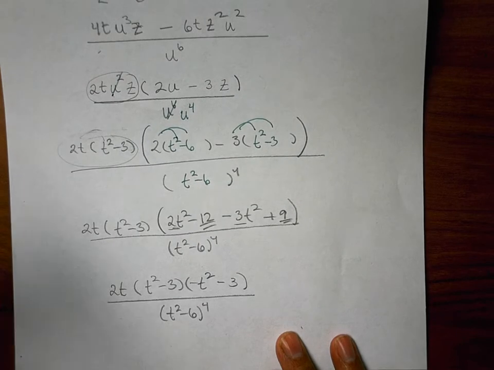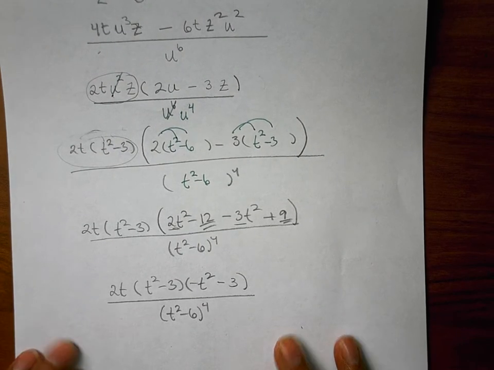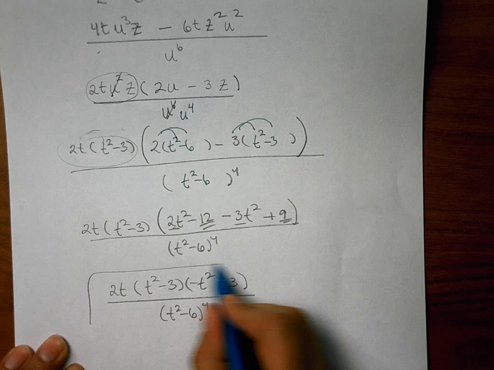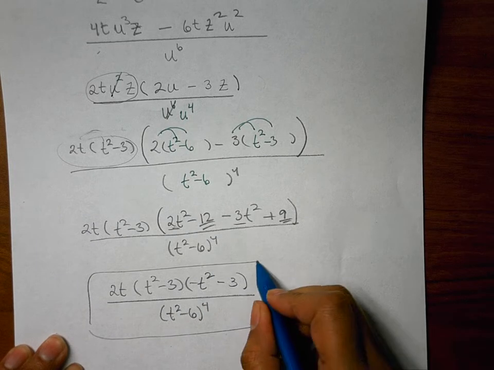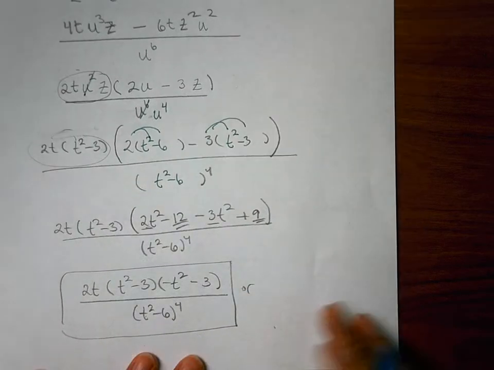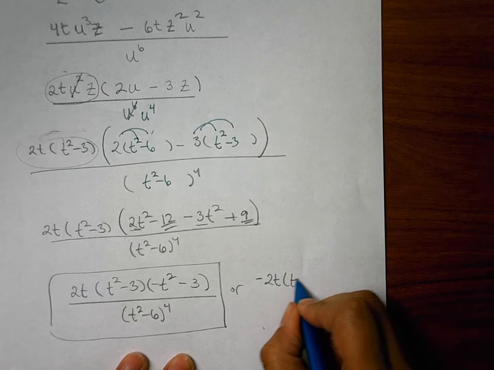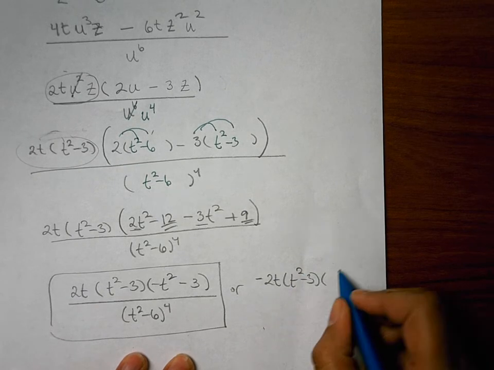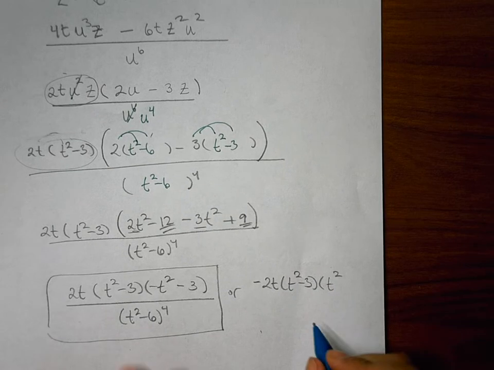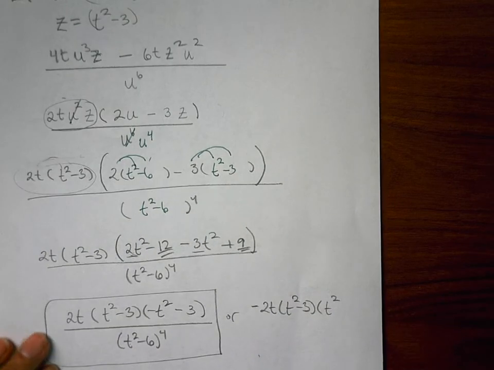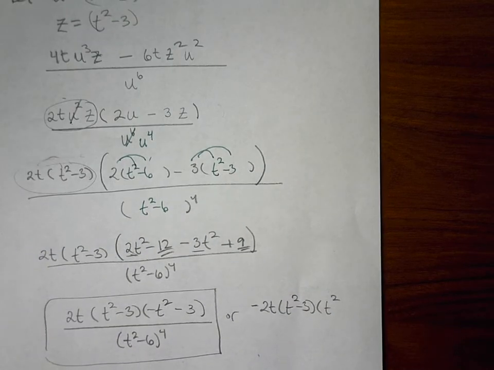Now I wrote bigger in here than I did on the last one I showed you guys earlier, so it did take up more space. There's your answer. Or if you choose to, you can pull that negative out. It is not necessary. 2t, t squared minus 3, positive t squared, and I know I messed up somewhere and I apologize. Let's see where it is at. Nope.